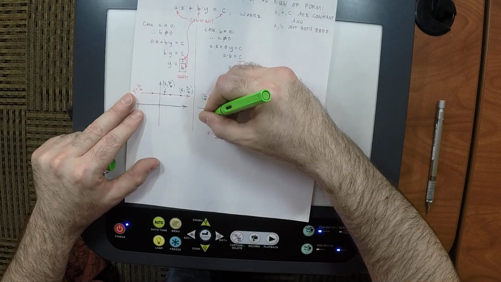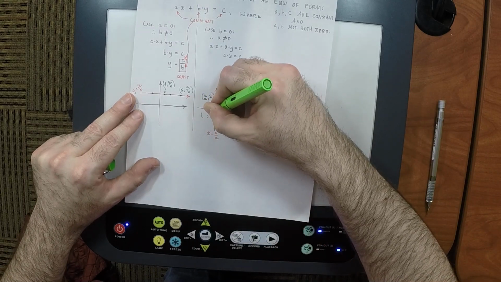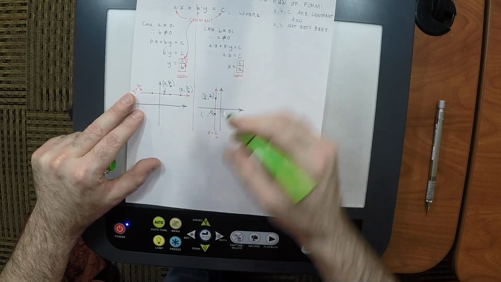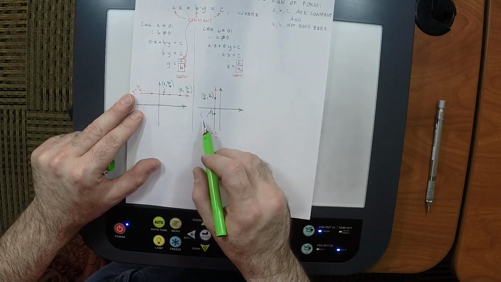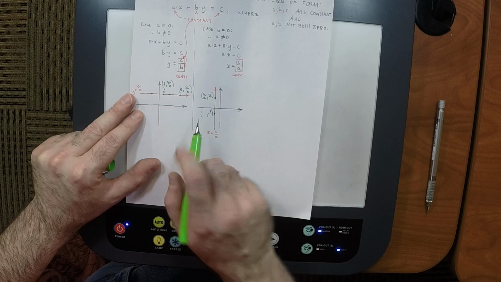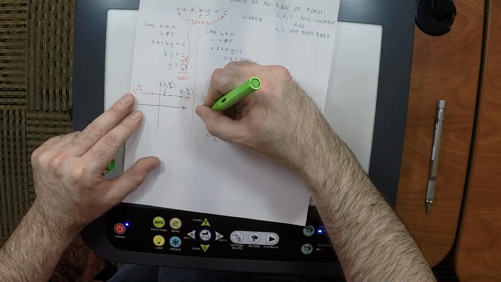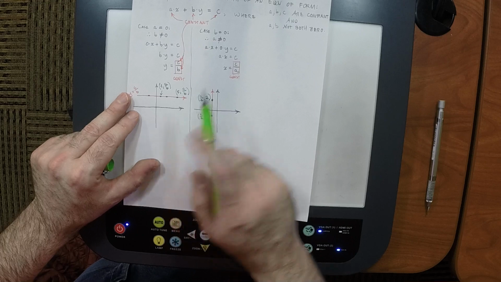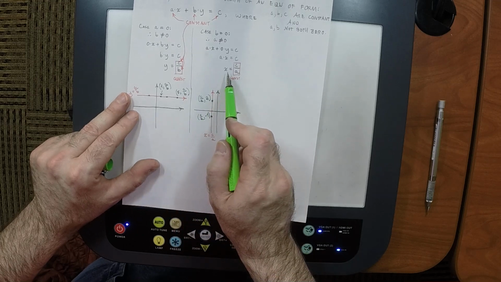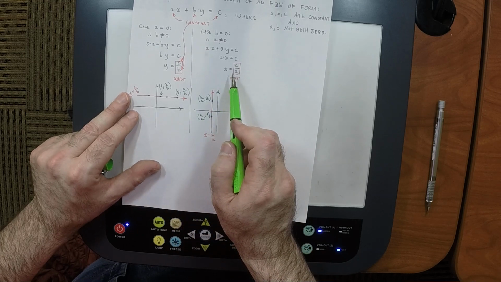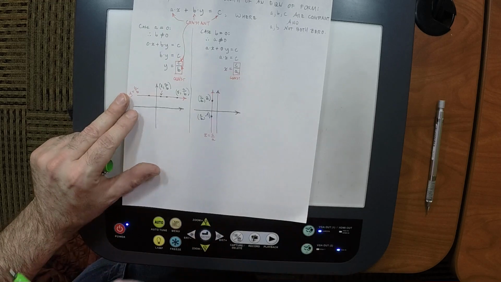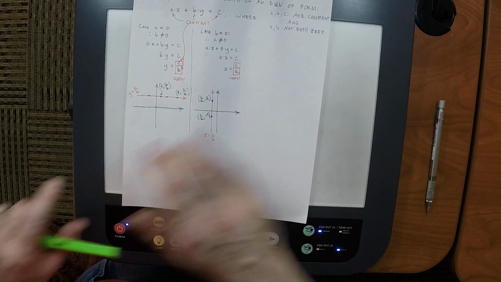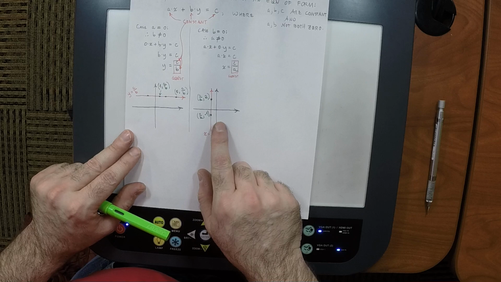So maybe it's something like something comma -1. But what's its x coordinate? C over A. Because that's what it means to be vertical. That's what it means for the equation to read x is C over A. X is C over A for all of those coordinates, every single one of them. Any question about that case?